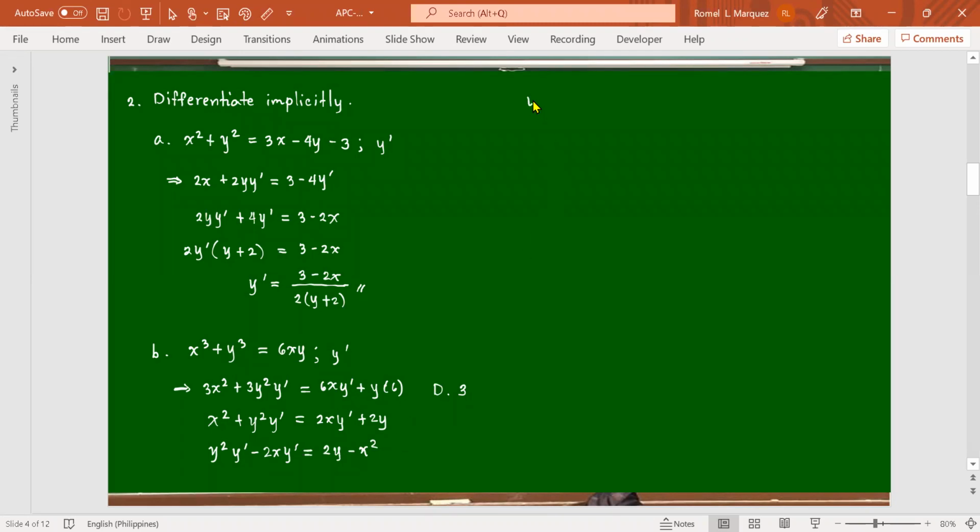Factoring out y prime, we have here y squared minus 2x. On the right side, 2y minus x squared. So what is y prime? 2y minus x squared all over y squared minus 2x.